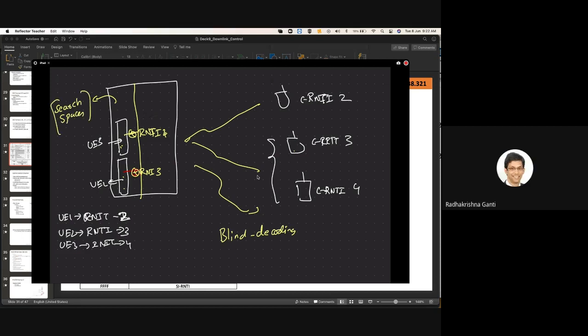I will come to this. They simplify it a little bit further so that the UV doesn't have to decode so many things. They introduce the notion of something called a search space. I'll come to that in the later slides. Search spaces are already specific, and I will explain that when we get to that point. It will become clear.